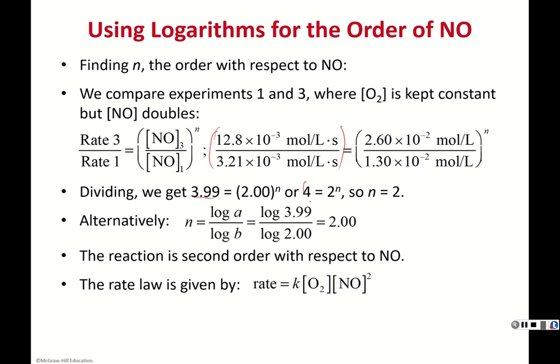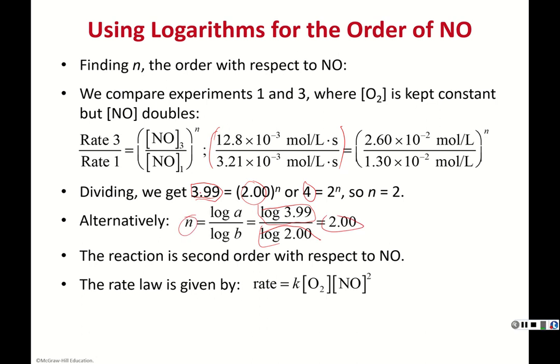You round that to 4, so n equals 2. You could also take the log of those ratios: the log of 3.99 divided by the log of 2 to find out what n equals.